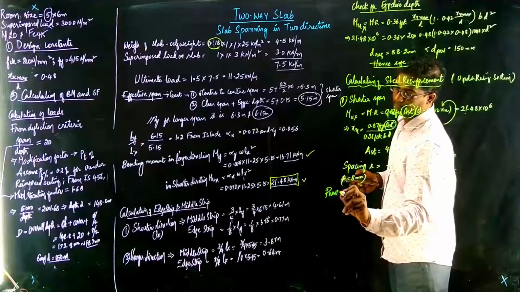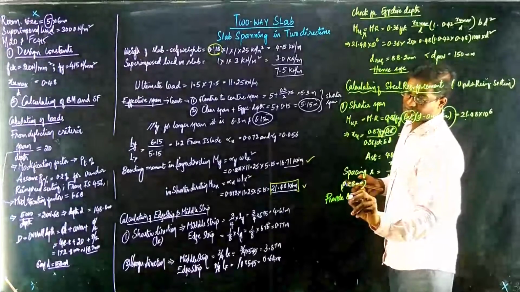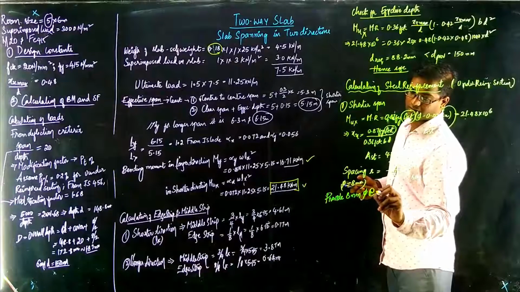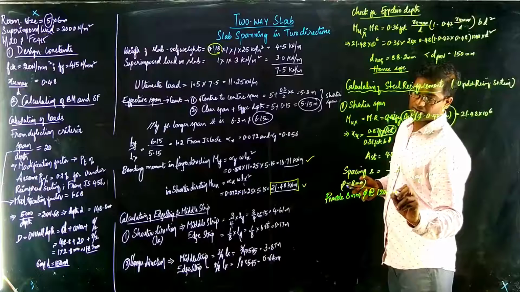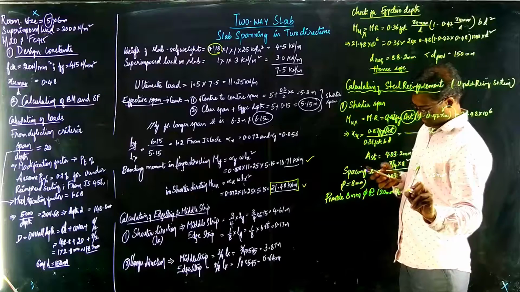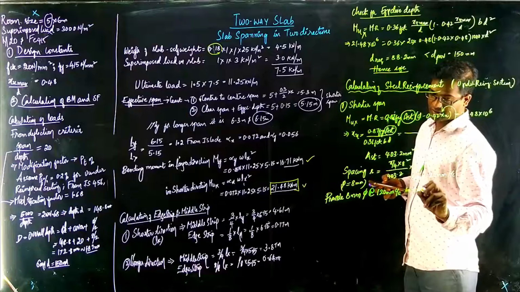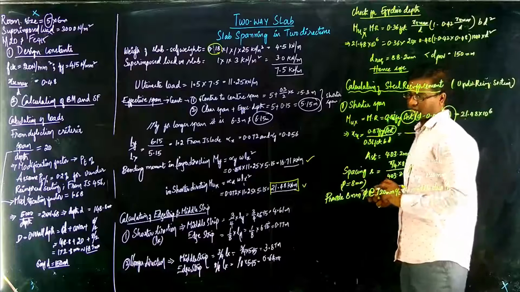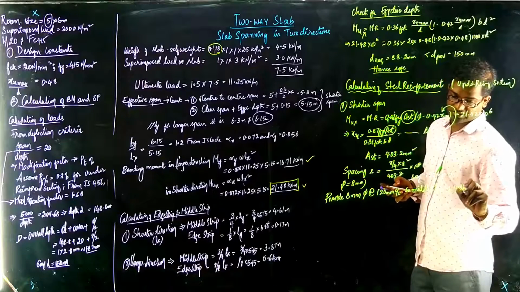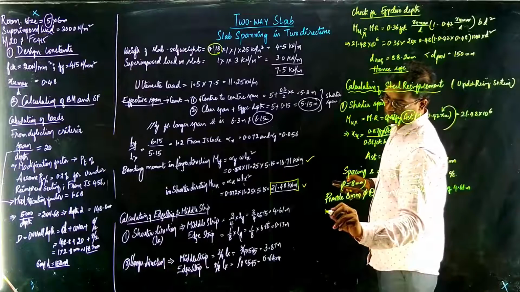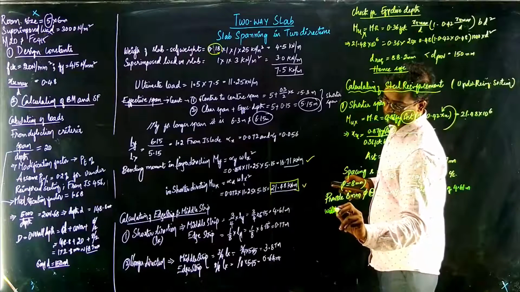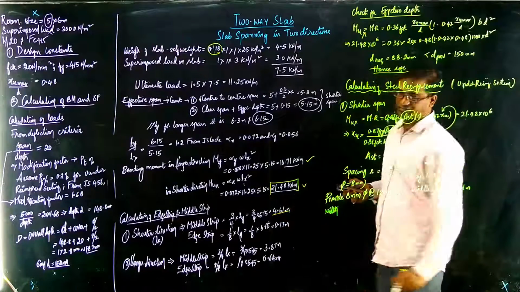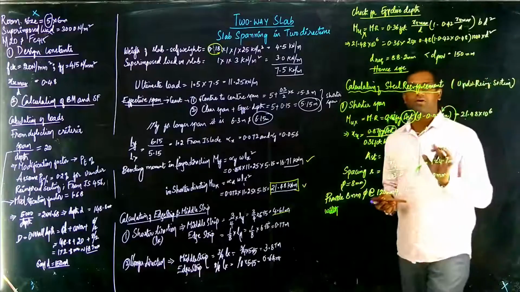Provide 8 mm dia at the rate 120 mm center to center in middle strip of 4.61 meters width, right? In mid portion, 4.61 meters, you have to provide 8 mm at 120 mm center.